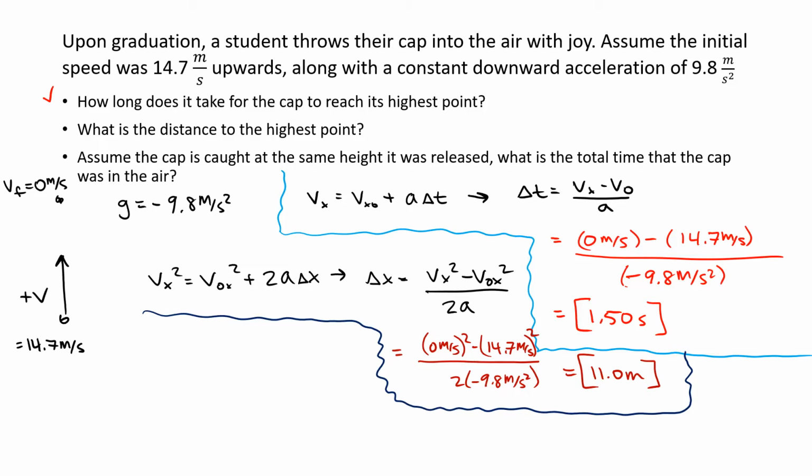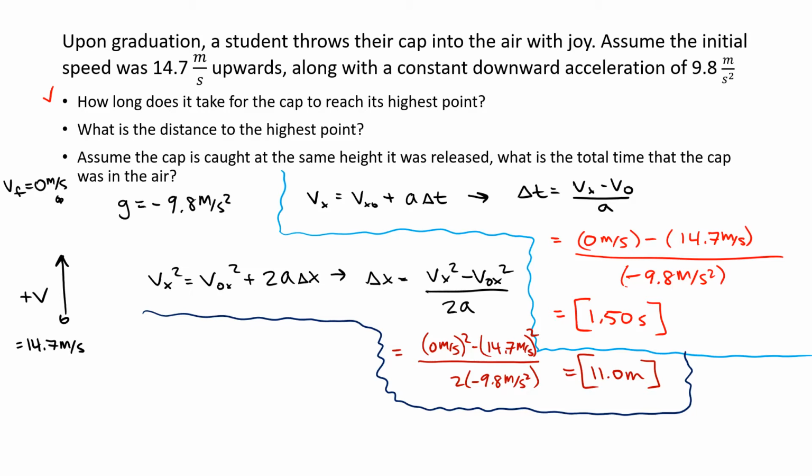All right, and the last one. We've already found the time it takes to go from one point and up. We can then find the time it takes to go from the top down.